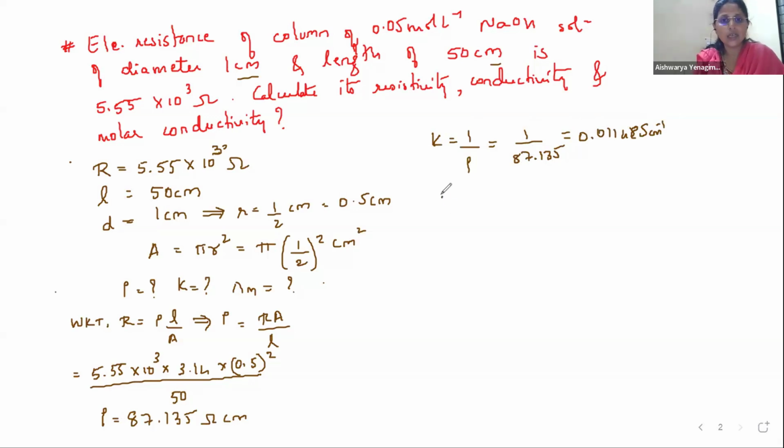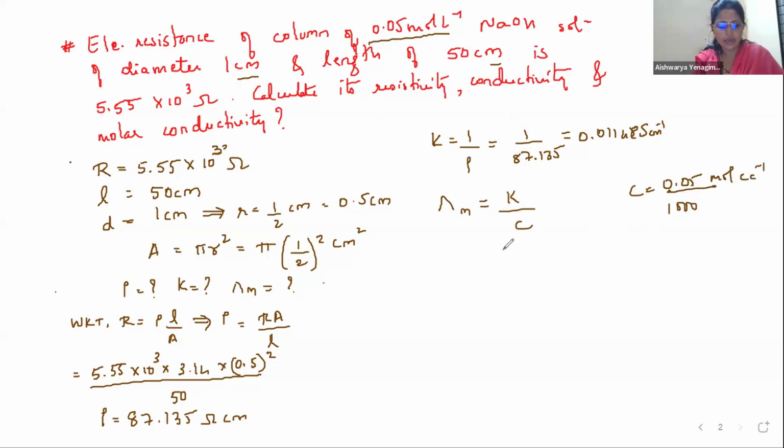And the last thing being asked is molar conductivity. What is molar conductivity? Kappa by concentration. Correct. So how much concentration is given? See, 0.05 moles per liter. But I want it in moles per cc, not per liter. So convert it. How will you convert? Concentration will be 0.05 by 1000 moles per cc.